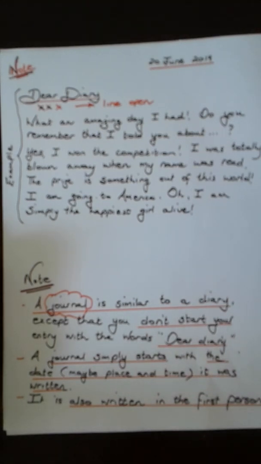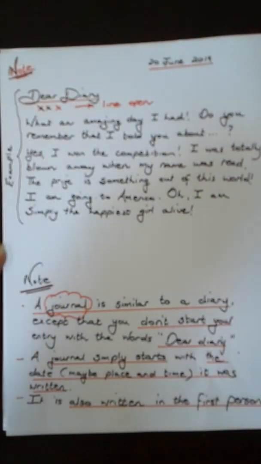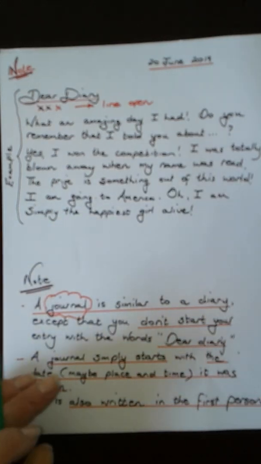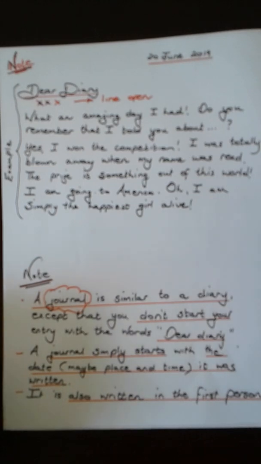On May the 12th, I went to the museum in Pretoria where we visited this and this. That is journaling. It's like you journal every day and every main event that happened. A diary shares feelings and emotions which you will not necessarily share in your journal. It is more factual.